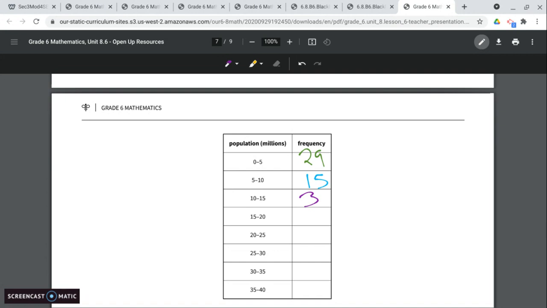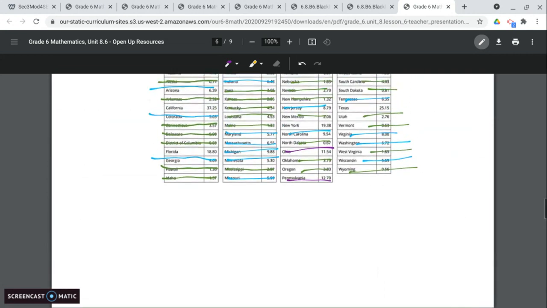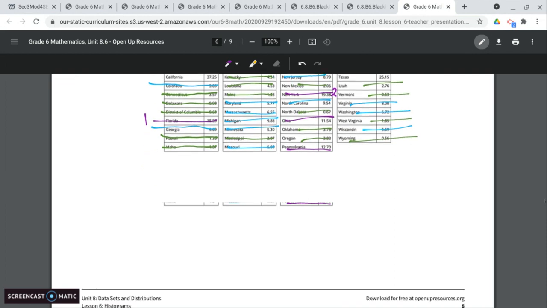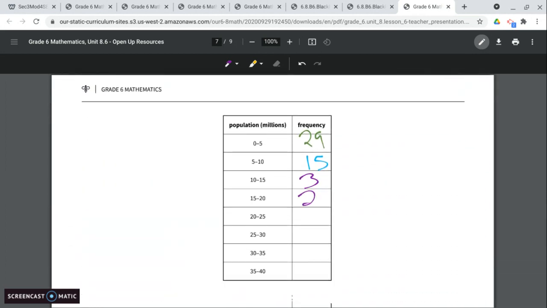Now between 15 and 20, Florida, so that's 1, and New York would be 2, and that's it, so just 2.